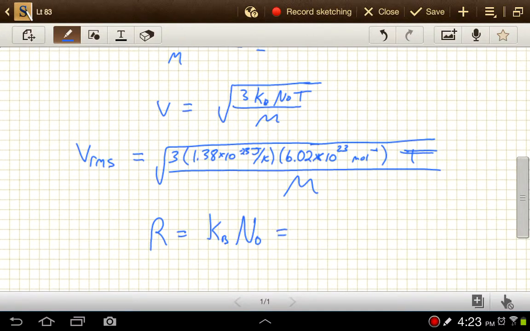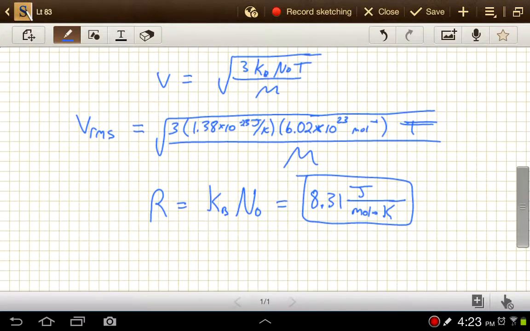When we do the 1.38 times 10 to the negative 23rd and the 6.02 times 10 to the positive 23rd, we get a number that's really easy to work with, 8.31, with no power of 10, or just times 10 to the 0 power. The units are joules divided by Kelvin, and then the moles are in the denominator as well, so it's joules per mole Kelvin, with moles times Kelvins in the bottom of the fraction. This is the value for R that we're going to use.